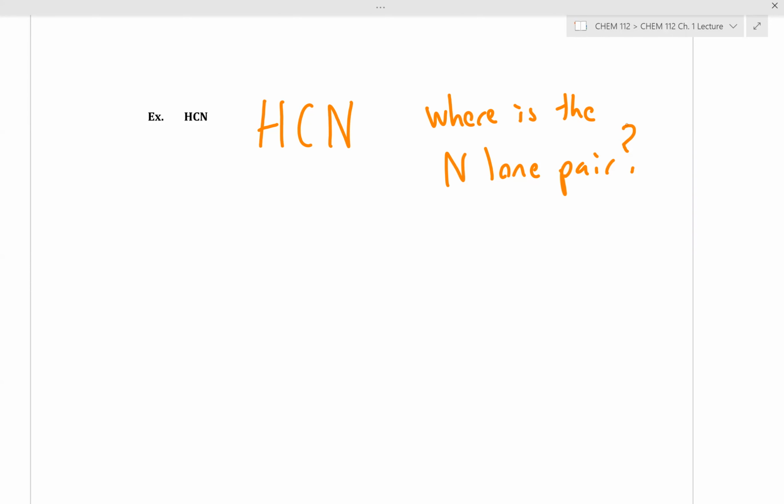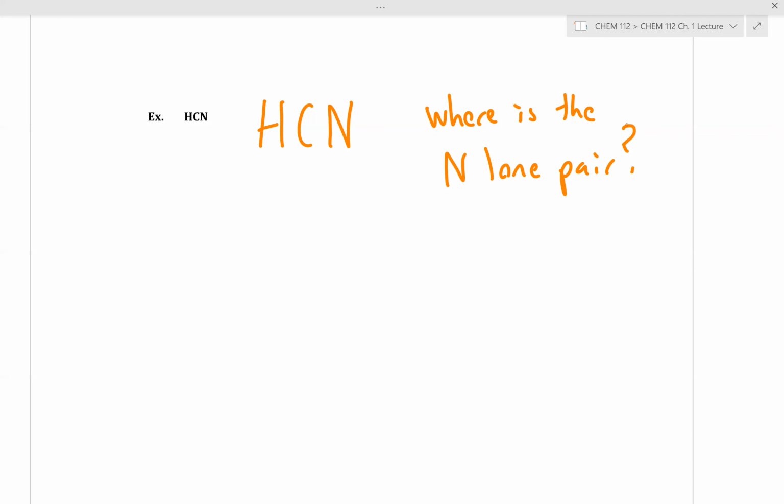Oh, sp hybridization. Essentially, because carbon needs to form 2 sigma bonds, it adopts the sp hybridization. And if we think about the orbital picture, that means we have 2 hybrid orbitals and 2 p orbitals that are forming bonds.